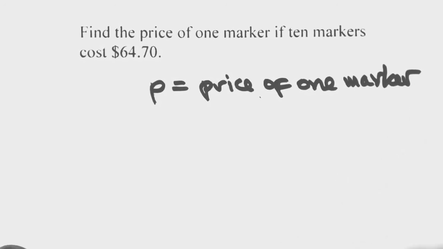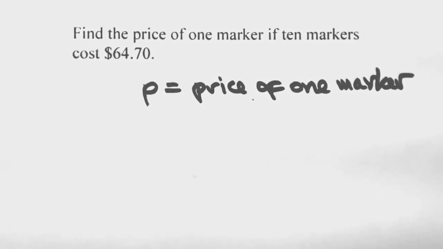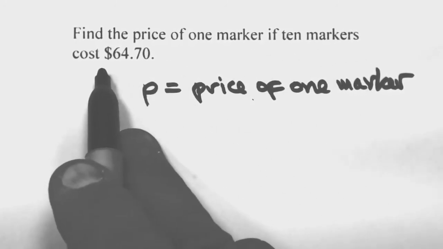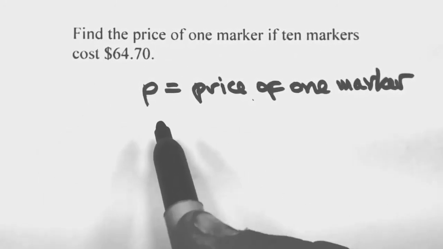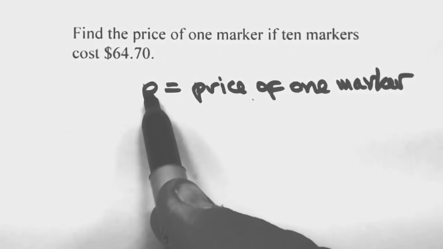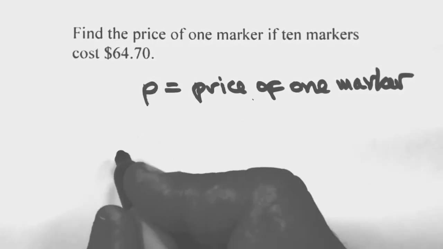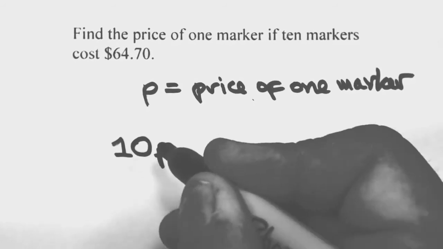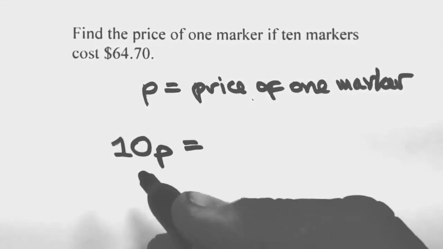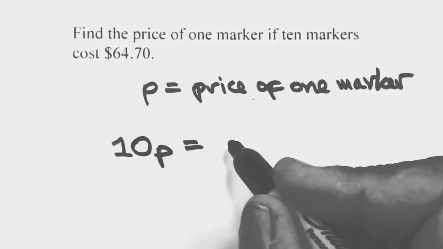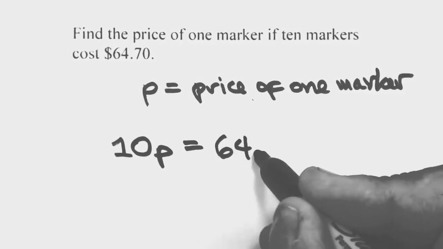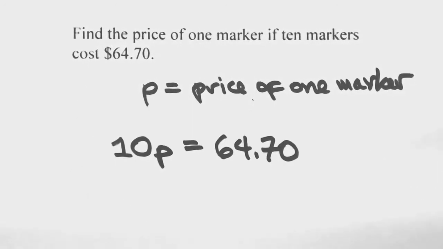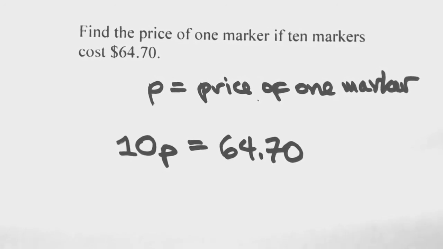Okay, now, here we go. 10 markers cost $64.70. So, if P is the price of 1, to get the price of 10, we've got to go 10 times P. So there's the price of 10, and they told us that equals $64.70. We'll put the dollars back in as the units when we finish up here.